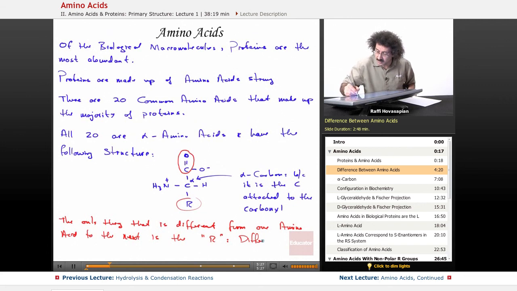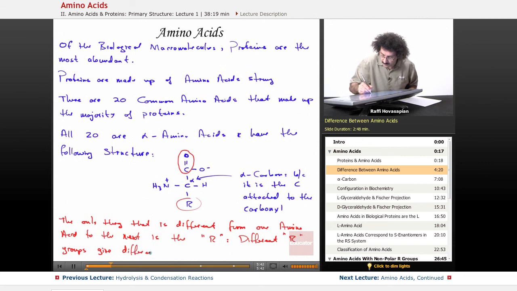Different R groups give different properties. And this is what makes proteins so amazing.